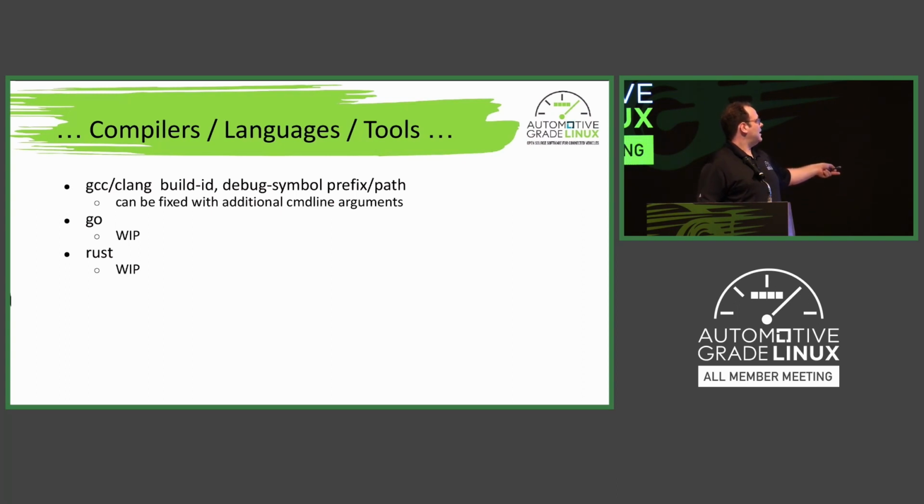If you have a more recent language compilation system, they are on their path to being fully reproducible. Newer languages like Go or Rust, their compilers are not even reproducible.